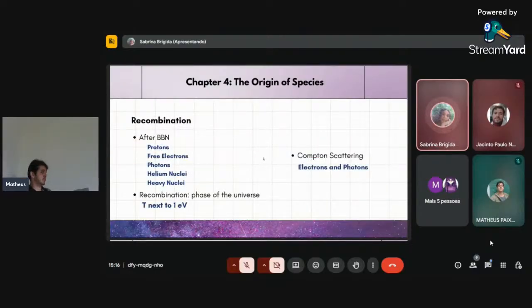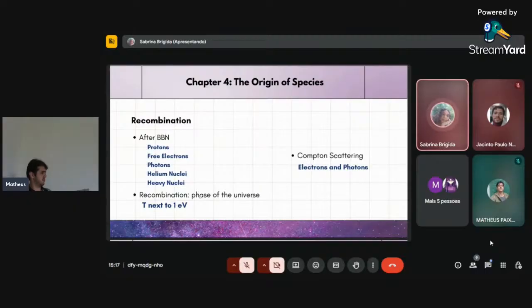About the recombination: basically, after the BBN, the universe is composed of protons, free electrons, photons, helium nuclei, and heavy nuclei, for example. The next critical phase of the universe is the recombination, a very important phase.